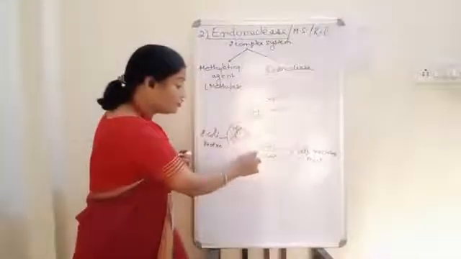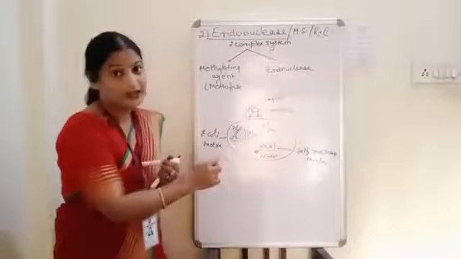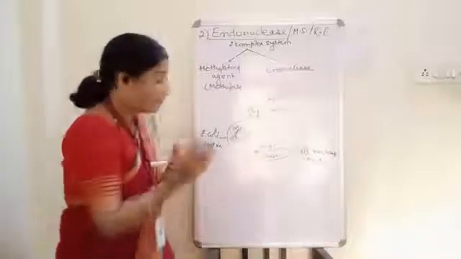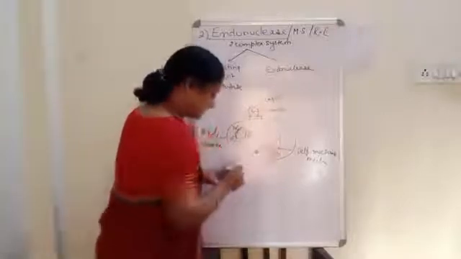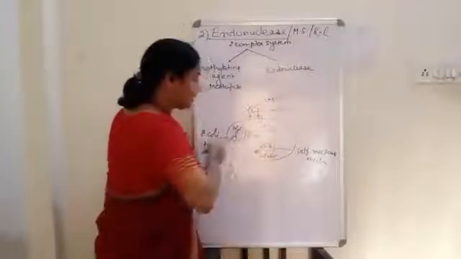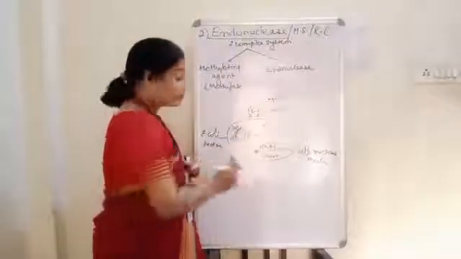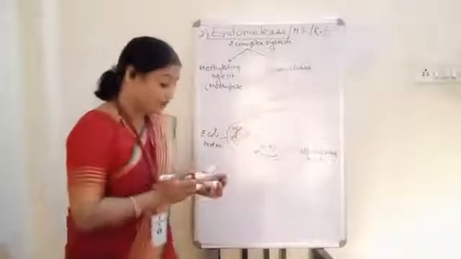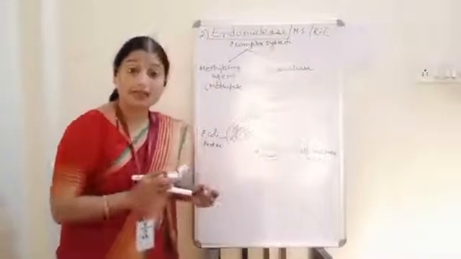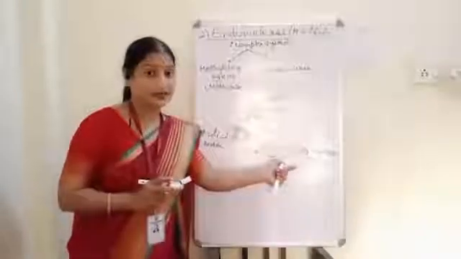So now the endonuclease is not able to identify the gap between the A and T, so it will not cut the host DNA. It will directly go to the viral DNA and make a cut over here. So this is the self-defense mechanism of our E. coli bacteria to protect its own DNA from the endonuclease.